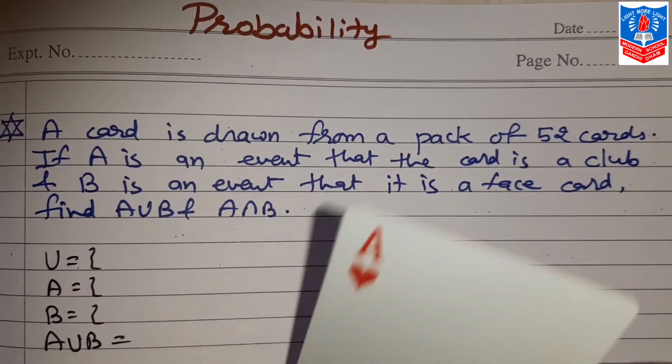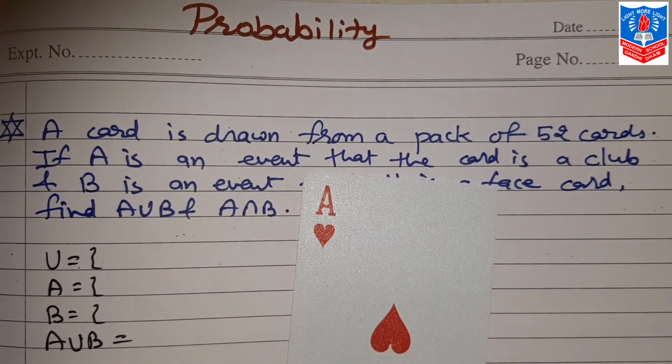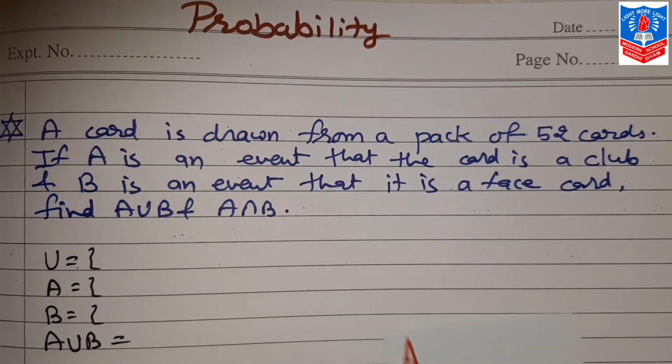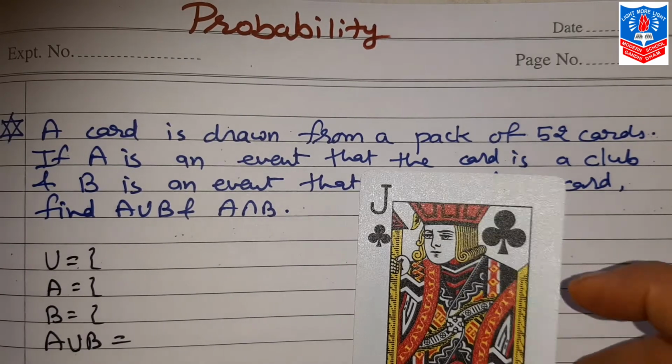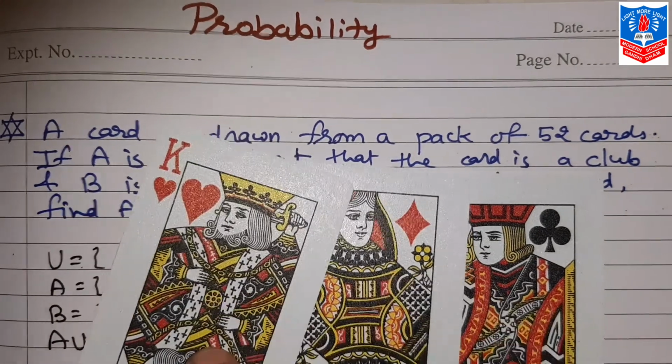Next, this we know it is Ikka, but in English we say ace, A-C-E, ace card. Then this is Jack, Queen and King.